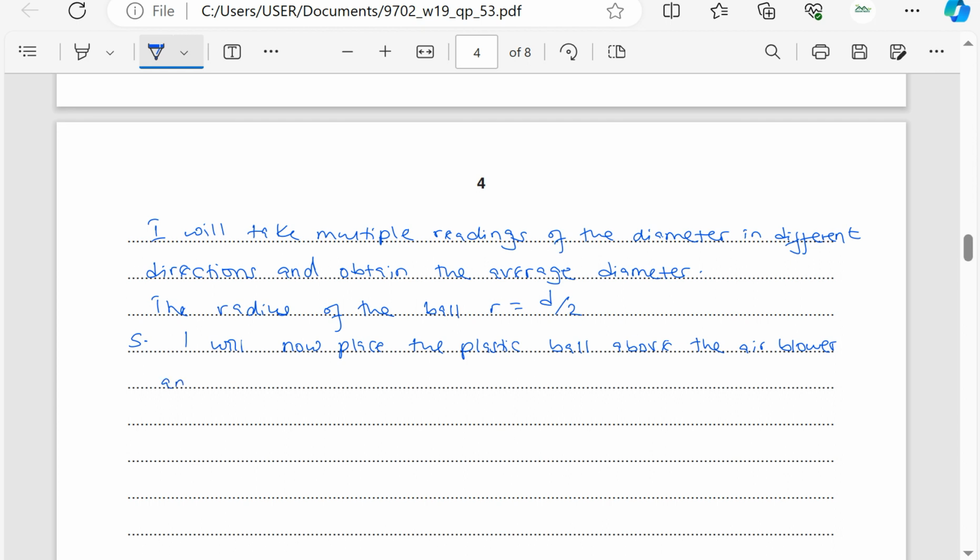Of course, I have to wait until it rises and becomes vertical. So you have to wait for it to rise vertically until it becomes stationary.